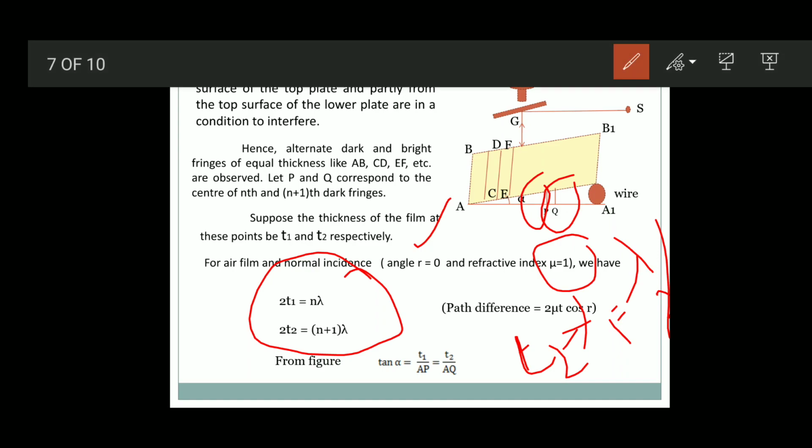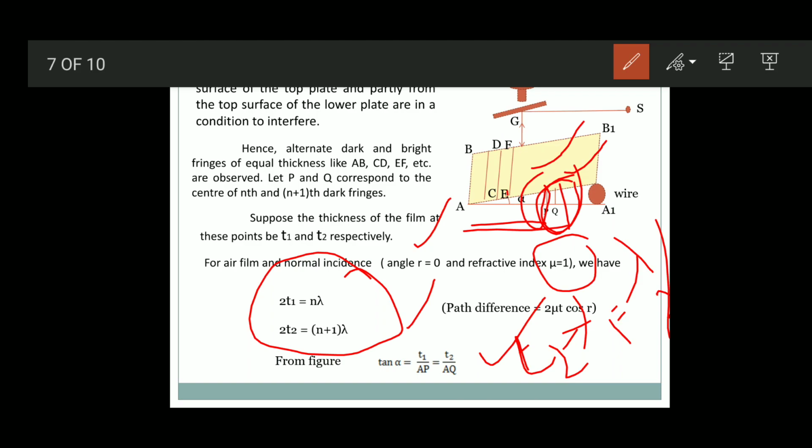Opposite is nothing but the thickness of the air film at P, that is T1, by AP is the adjacent, that is at the glass plate. Of course, that is the same alpha for the second dark fringe also, that is tan alpha is equal to T2, that is thickness at the Q, by adjacent AQ, that is tan alpha is equal to T1 by AP, that is equal to T2 by AQ.